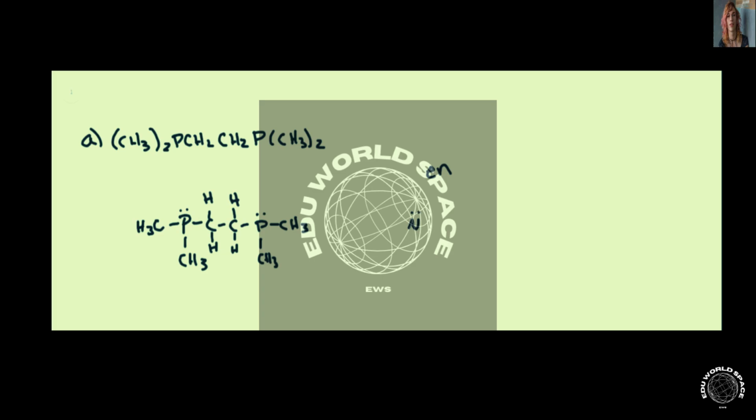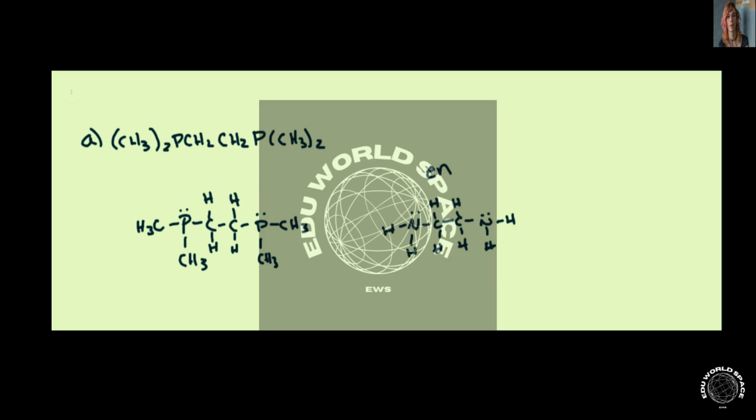It asks us to compare this to ethylene diamine, or EN, which is N, the lone pair, NH2, CH2, CH2, and NH2. So they're both bidentate ligands. This ethylene diamine is less bulky.